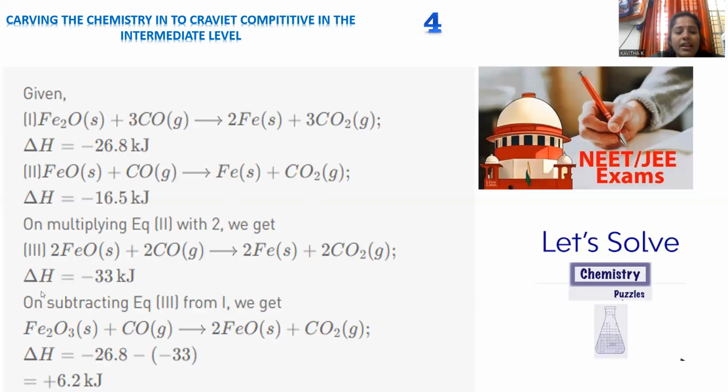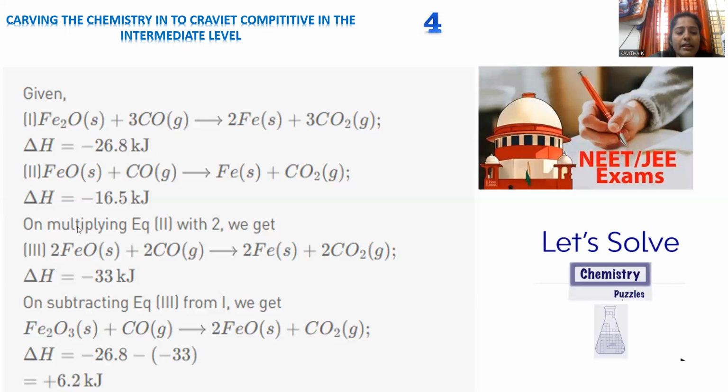At the same time, we have to subtract its delta H also. Minus 33 kilojoules can be subtracted from minus 26.8 kilojoules. If both are subtracted, minus into minus will become plus. The larger value has the plus term, so the subtraction value, 6.2, will be given the plus symbol.